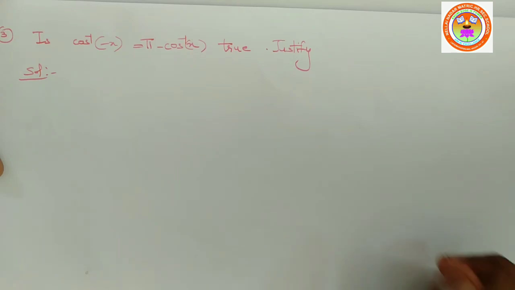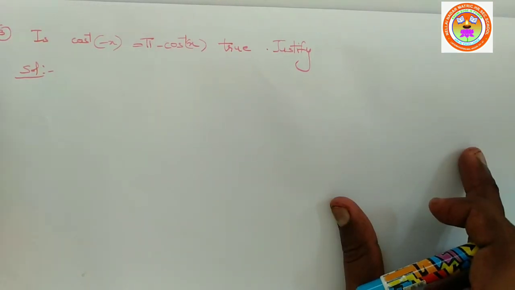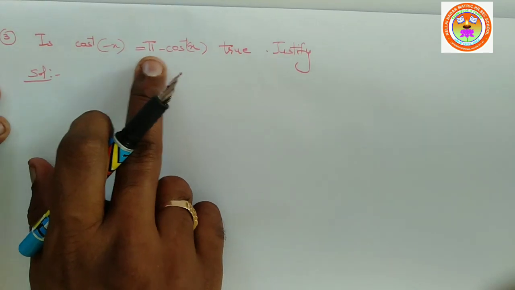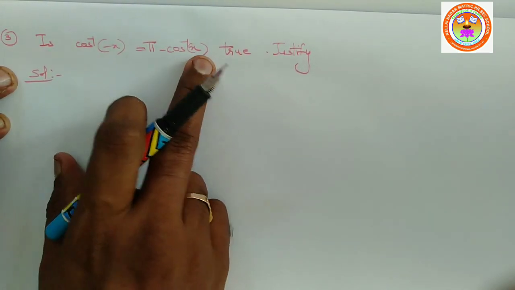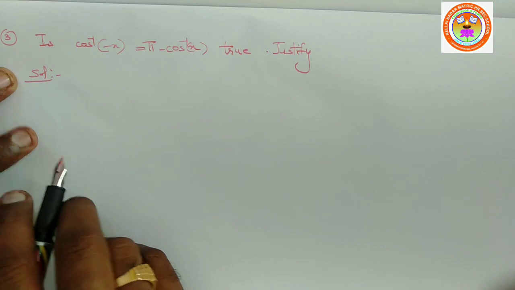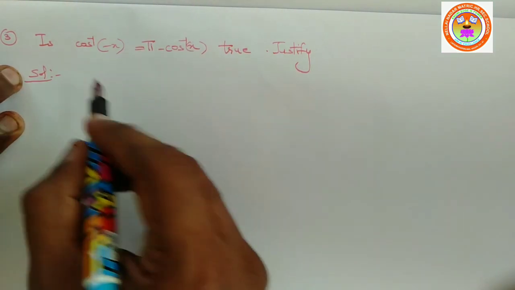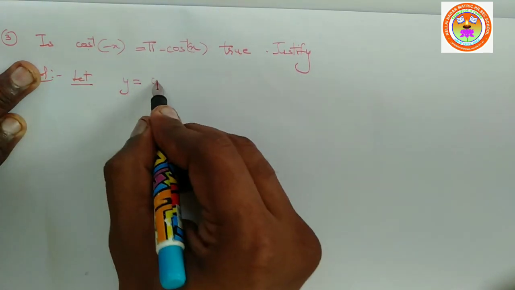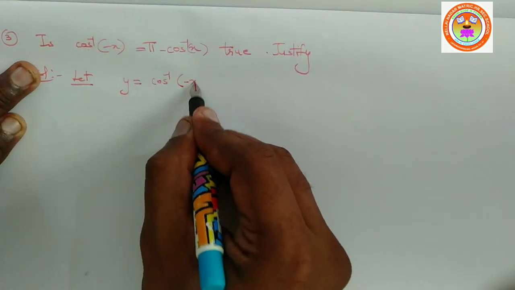Okay. Is cos inverse of minus x equal to pi minus cos inverse of x true? He is asking whether it is true. Justify your answer. First, let y be equal to cos inverse of minus x.